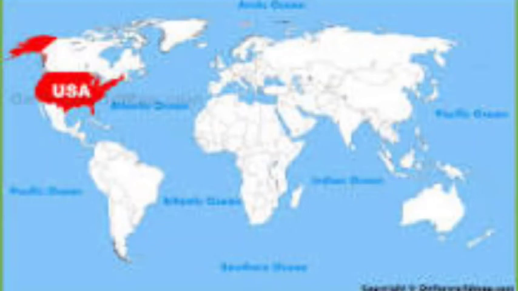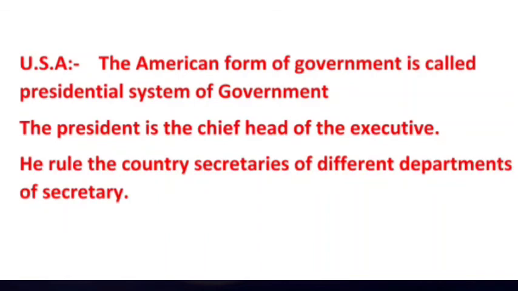Already you know that legislature, executive, and judiciary are there. The powers of the government are divided into 3 parts. You all know that; you learned it in 9th class.